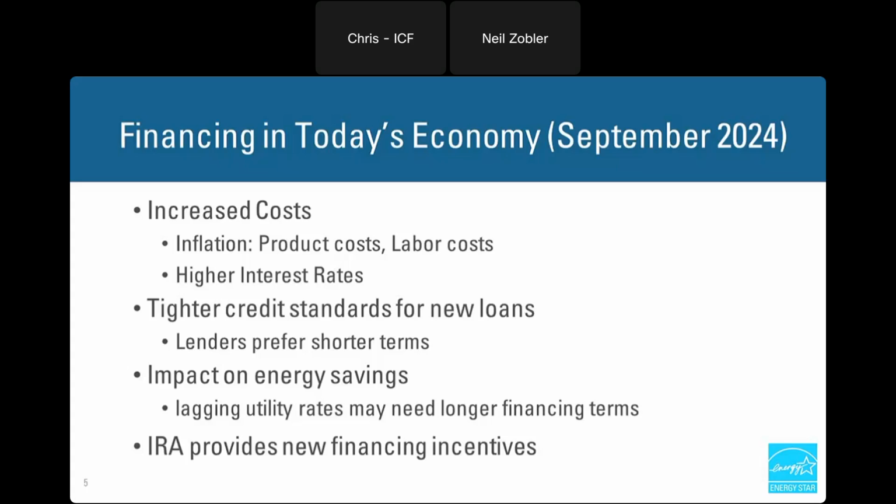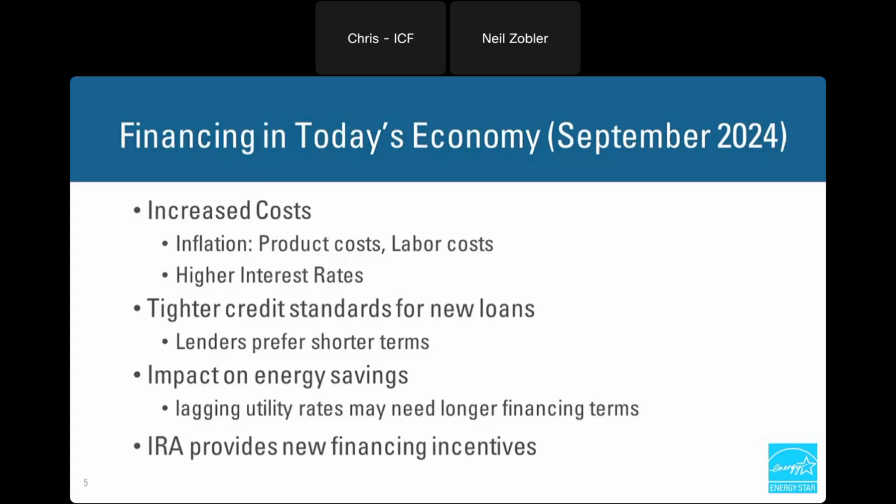Right now, there's just tighter credit standards for new loans. Lenders are uncertain about the future. As I think everybody has a lot of question marks about what's coming down the road. But because of the uncertainty, lenders tend to prefer shorter terms in addition to tighter credit standards and higher interest rates.